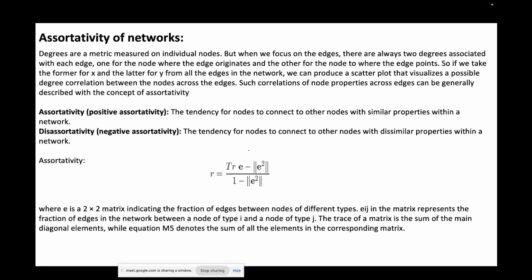Basically, this equation will give you an index. This is like a correlation coefficient. So the higher the coefficient, the more assortative the network is, with similar nodes connecting to each other. The lower the index, the more negative the assortativity. Okay. So this is just an understanding of certain properties of a network that we'll use to study networks, right? Assortativity is one of them.